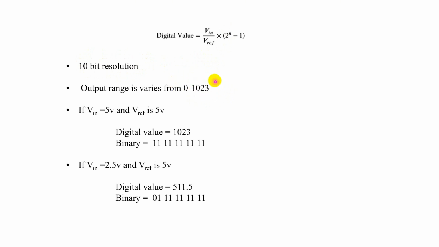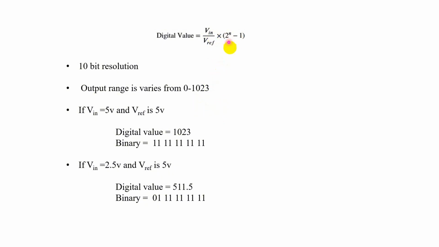For example, if our input voltage to the microcontroller, that means the sensor output, is 5 volts, and the maximum measurable voltage of our sensor is 5 volts, then 5 divided by 5 is 1. Then 2 power n minus 1, where n is 10 as I already told you, it is a 10-bit ADC. So 2 power 10 is 1024, minus 1 is 1023.